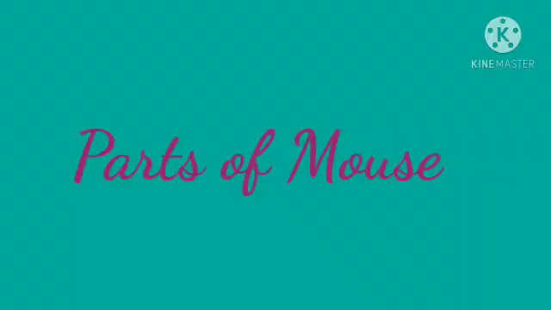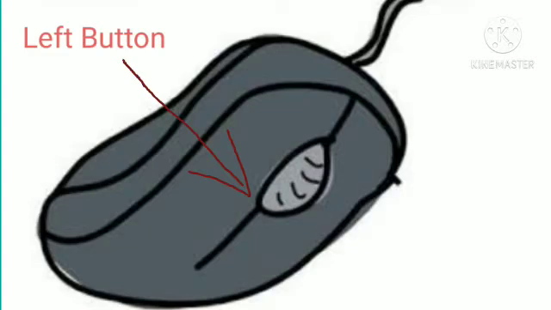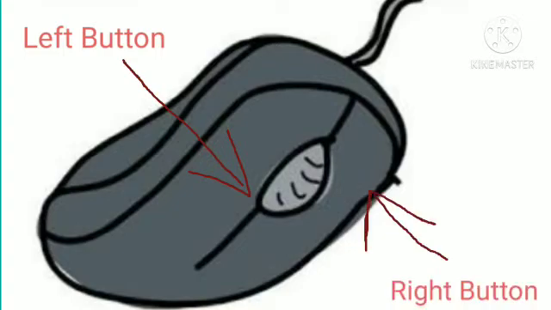Parts of a mouse. A mouse has two buttons on the top. Left button. The button on the left hand side is called the left button. Right button. The button on the right hand side is called the right button. Scroll wheel.